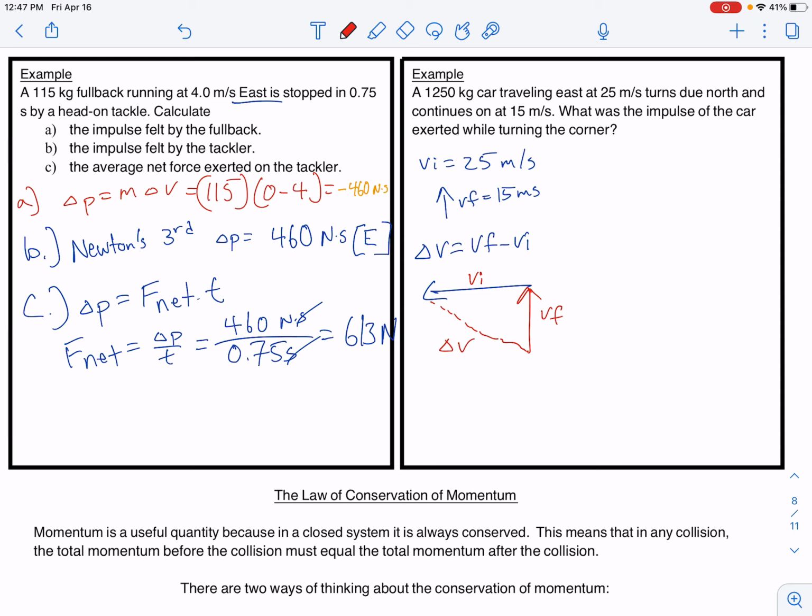Now for this, I can actually use a little bit of trig to solve for this. I see that my change in velocity, just use Pythagoras. This will allow me to find our angle as well.